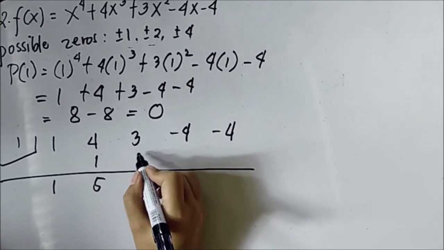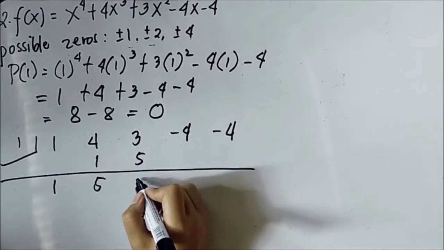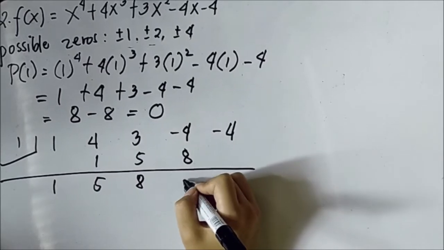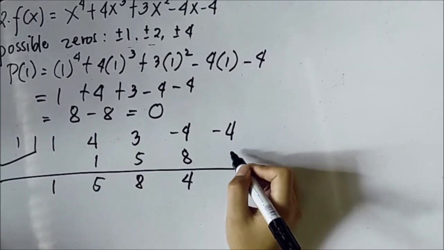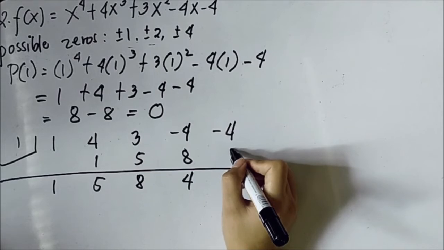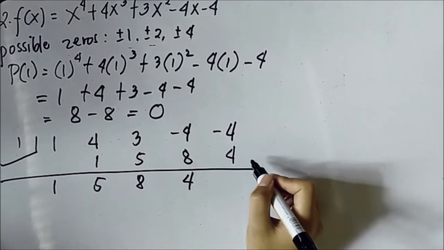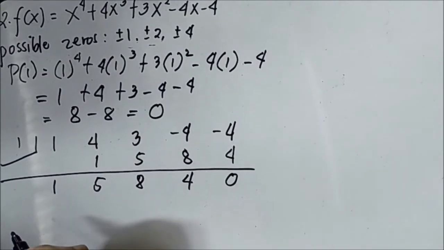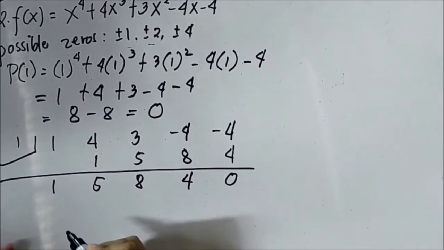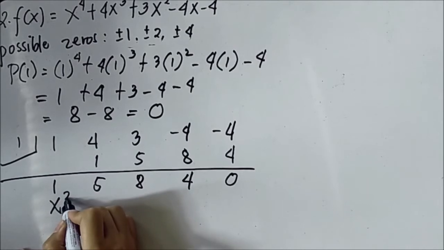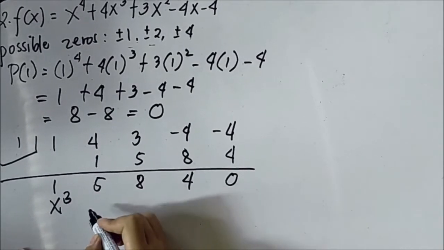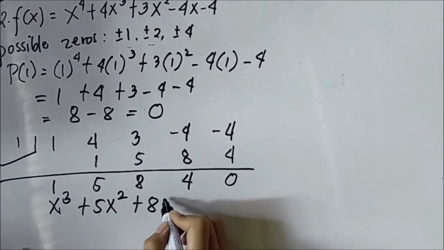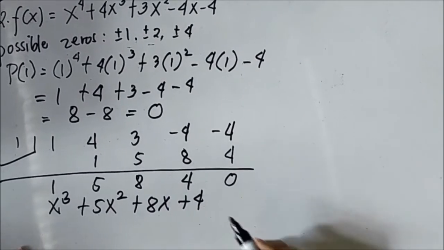Times 1 is 5. Plus 3 is 8. Times 1 is 8. Plus negative 4 is positive 4. Times 1 is 4. Plus negative 4 is 0. Okay. So this is our depressed equation: x cubed plus 5x squared plus 8x plus 4.